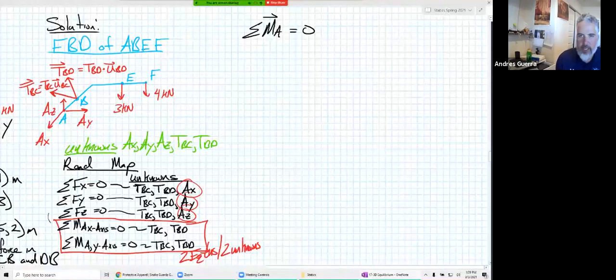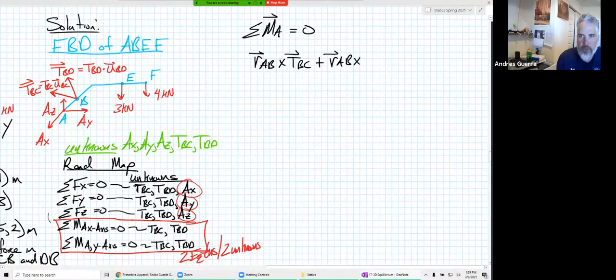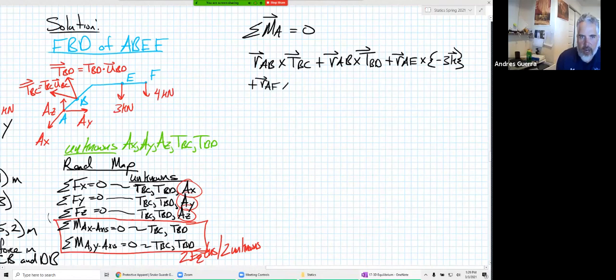Well, we're going to sum the moment vectors about point A equal to 0, and that's going to be an r from A to B crossed with the tension from B to C, plus an r from A to B crossed with that tension from B to D, plus an r from A to E crossed with that minus 3k hat, that at E there, and then plus an r from A to F crossed with that minus 4 in the k hat direction. So we're going to have to do 4 cross products to get this done.